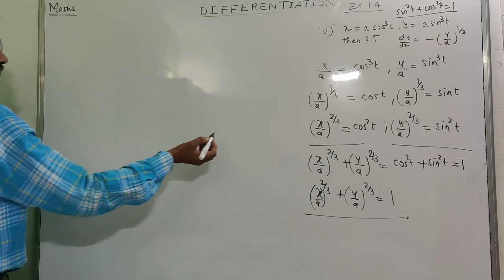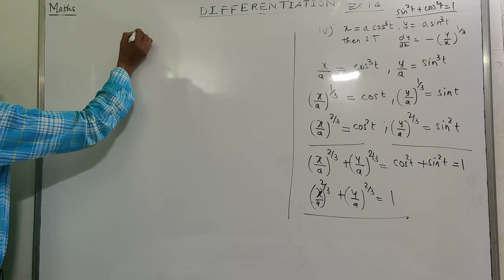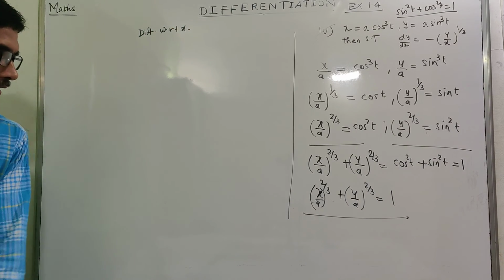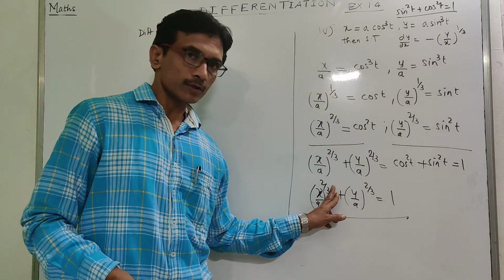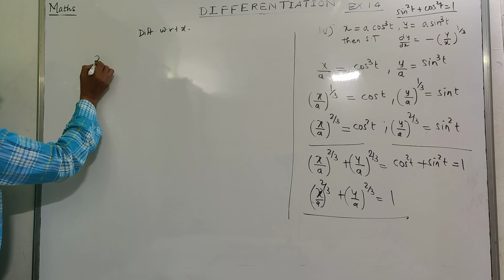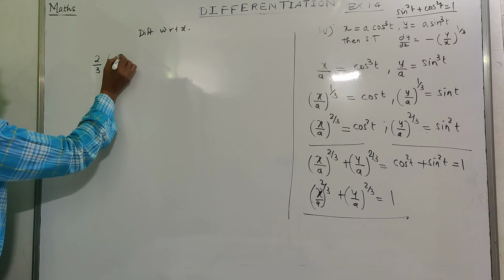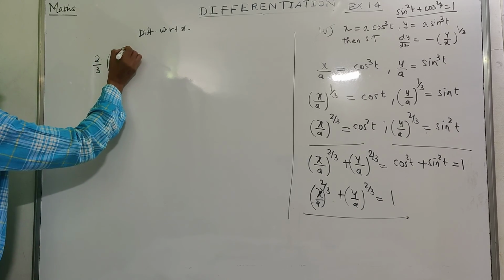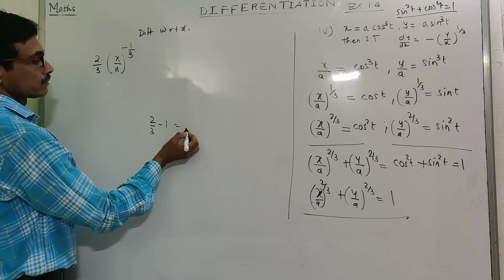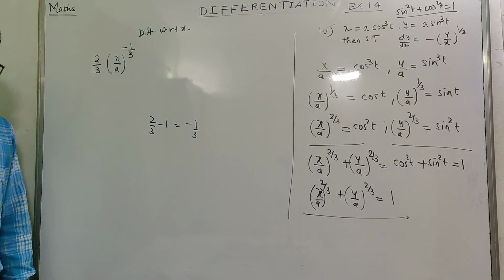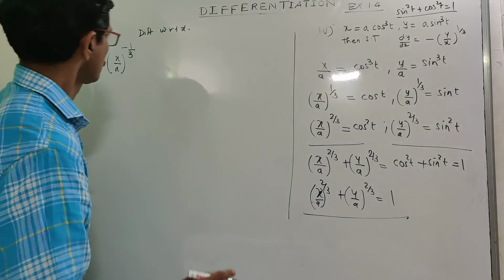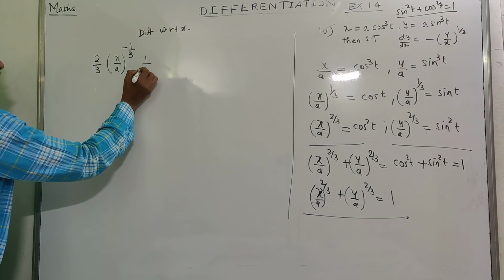So we get 2/3 x upon a raised to power 2/3 minus 1, which is minus 1/3, into the derivative of x upon a, that is 1 upon a.